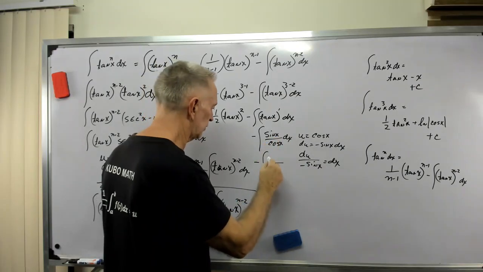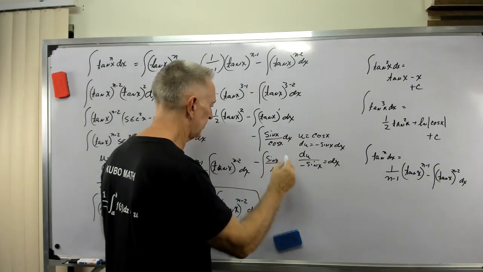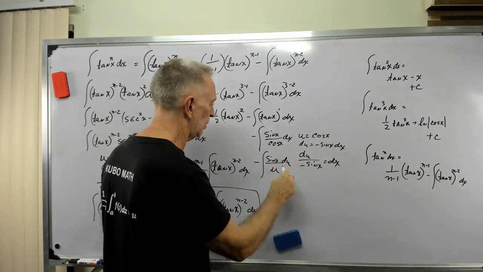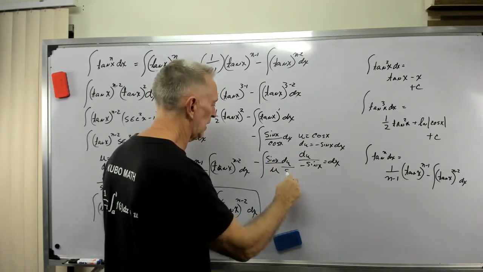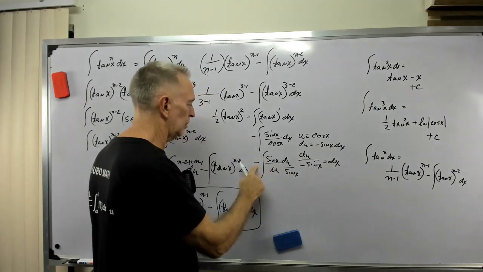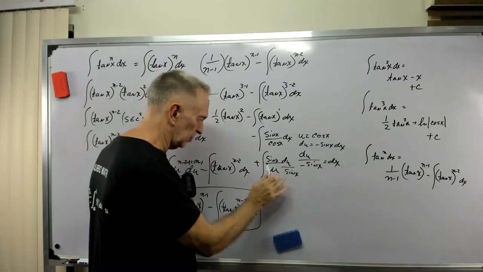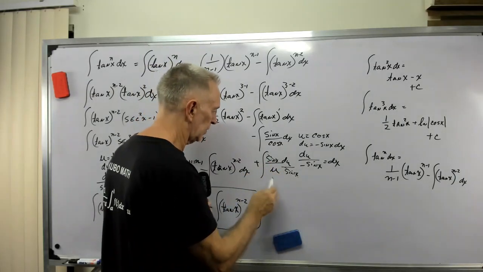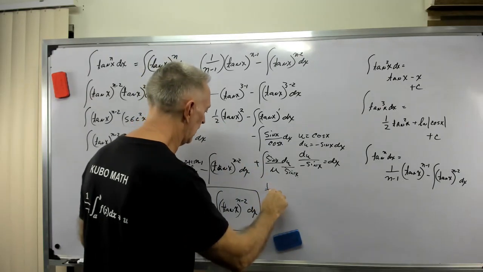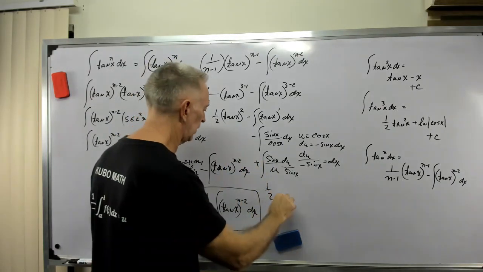I still have the sine x up top. And then I have du, I'm replacing dx with du over minus sine x. So that's a negative sine x, and I'm going to move that negative out here before I lose it. Okay, those sine x cancel.